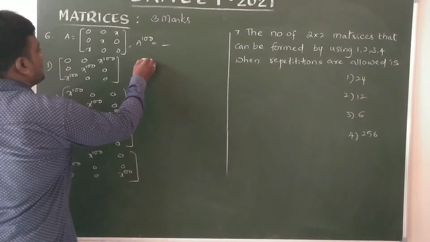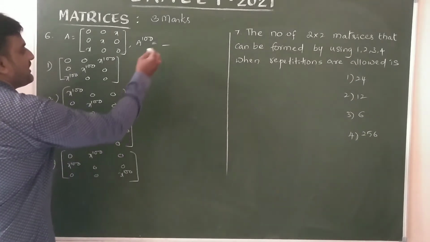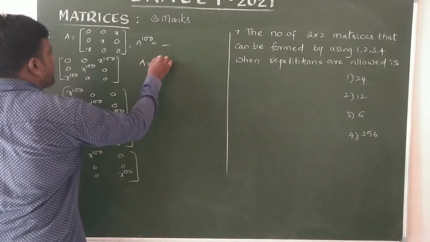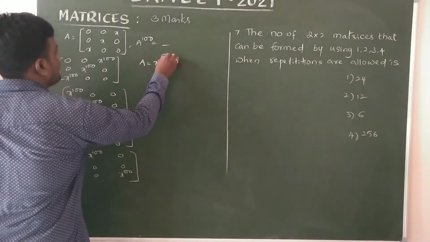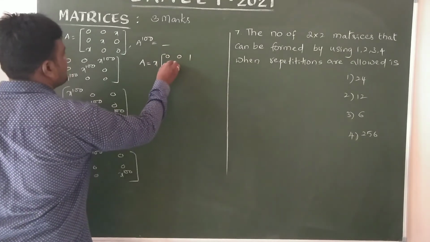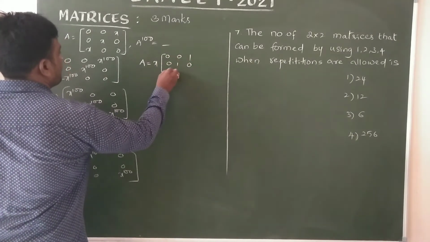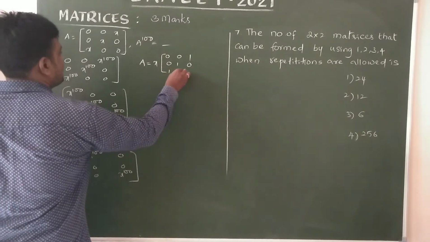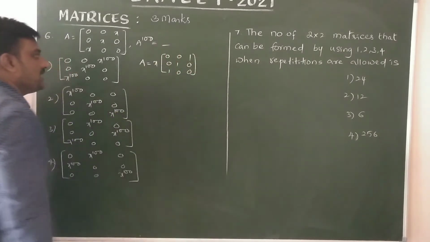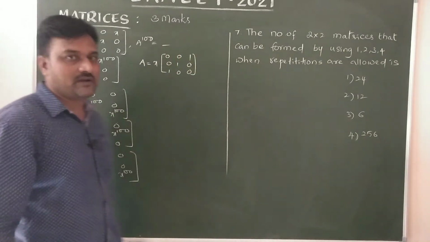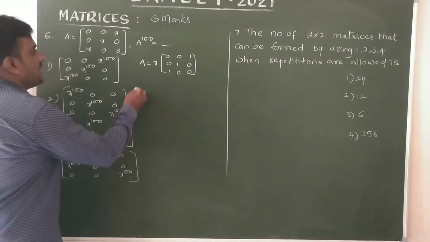Suppose the matrix A can be simplified like this. Here x is common, so it should be x times the matrix 0 0 1, 0 1 0, 1 0 0. Clearly we have it like this. Then A square equals what?